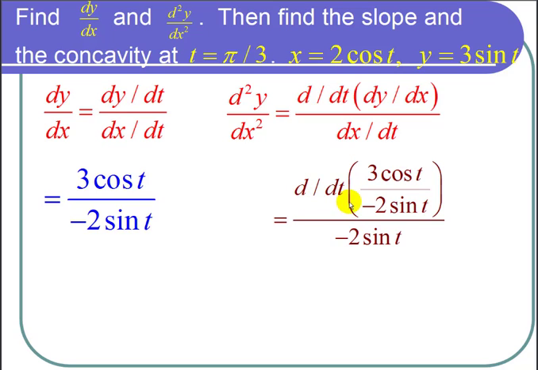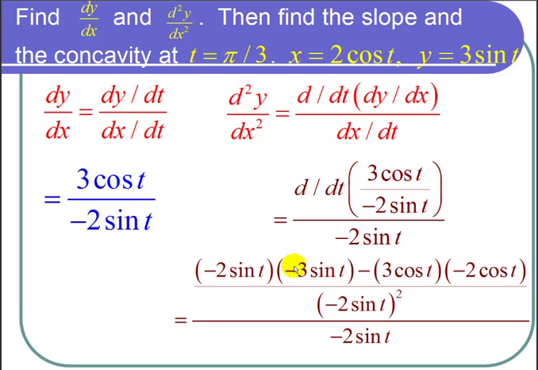But now we need to use the quotient rule to find the derivative with respect to t of 3 cosine t over negative 2 sine t. So the quotient rule says I take the low, which is negative 2 sine t, times the derivative of the high.